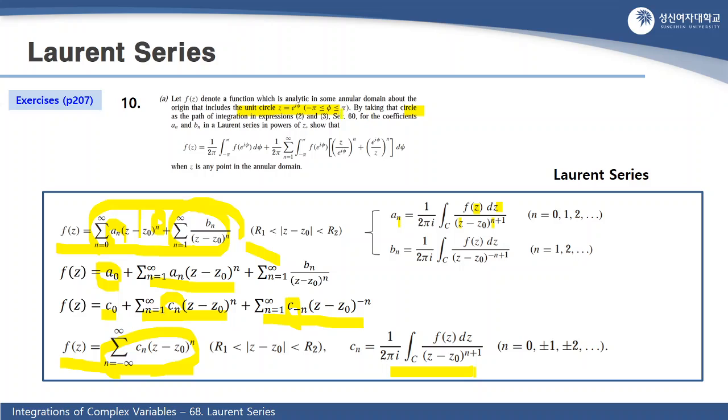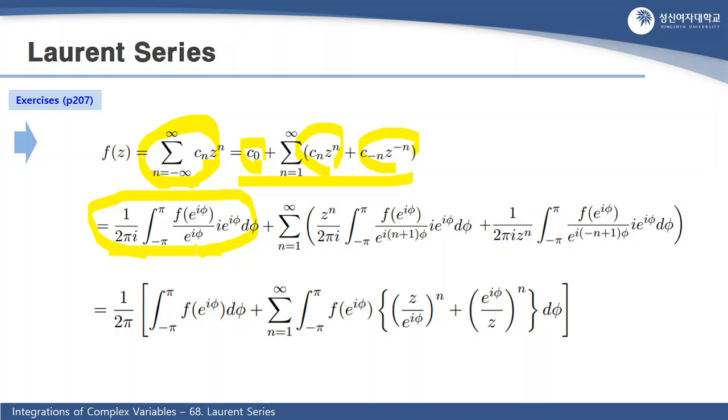We consider the origin as the center of the circle, so z naught is 0. So we only consider z in the denominator, z to the n plus 1. Then we get this form, and also this and this for the positive powers and negative powers.